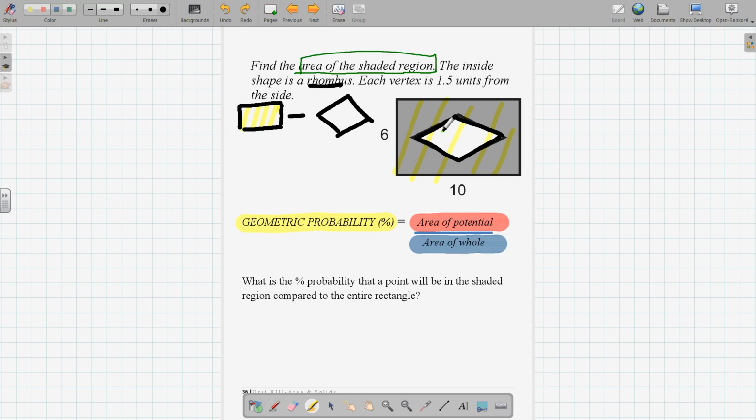A rectangle minus a rhombus. Now we are told that each vertex, that's these guys, is 1.5 units away from the side. So let's just go like this. Each of those edges are 1.5.